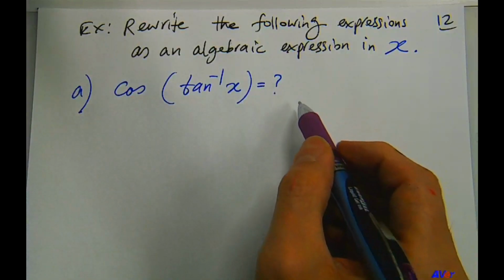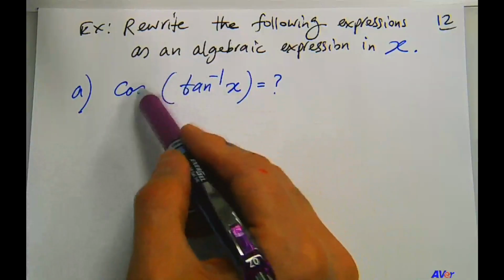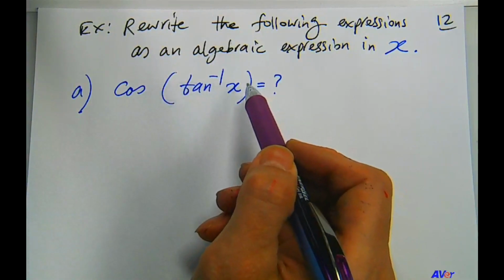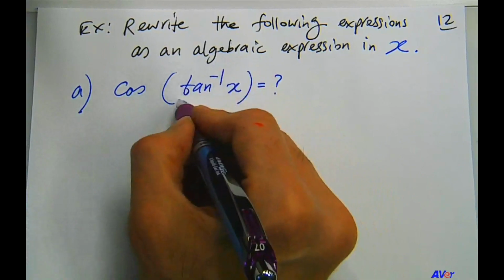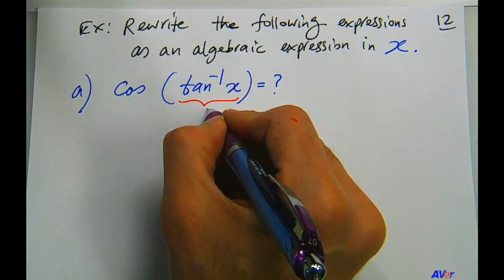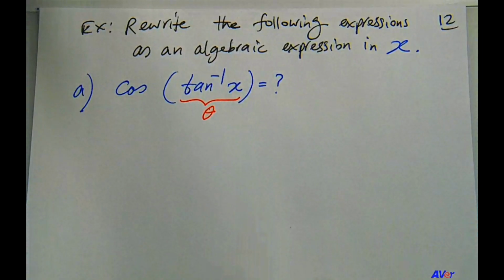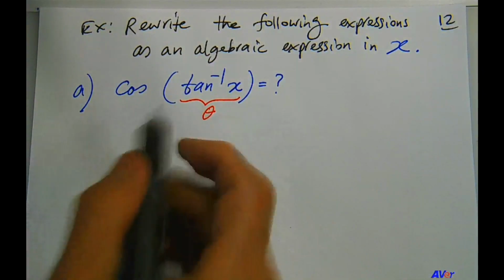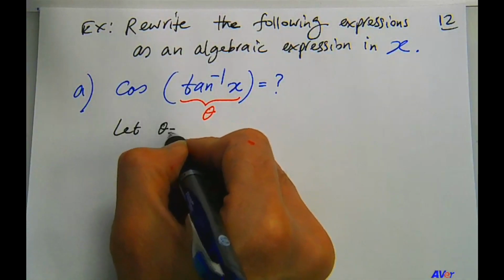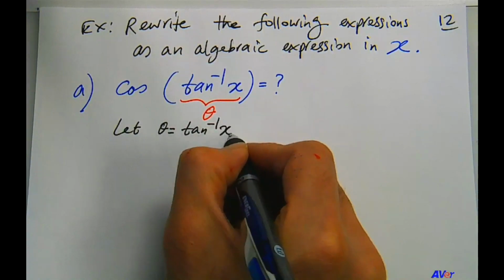Okay, so notice that this is not a number anymore, but we want to calculate this expression, find out what this expression is in terms of x. Okay, so we already know that any inverse trigonometric function represents an angle. So let us use, just like before, let theta be inverse tangent of x.